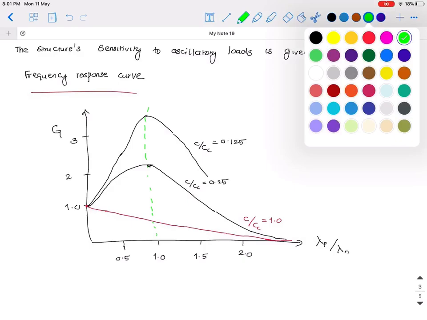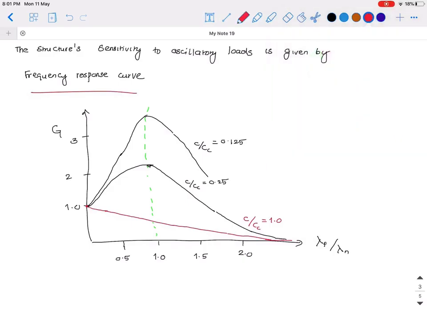So when that quantity goes to 0, when there is no damping present in the system, what you get is that this is going to be infinite. So this is C over Cc is 0, which implies G is infinity.